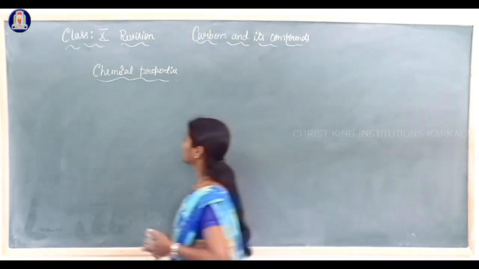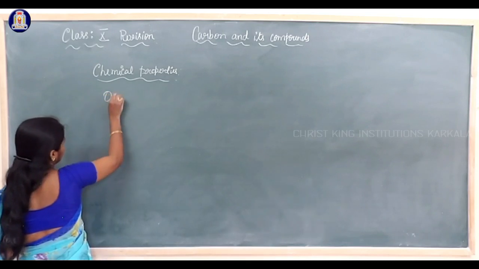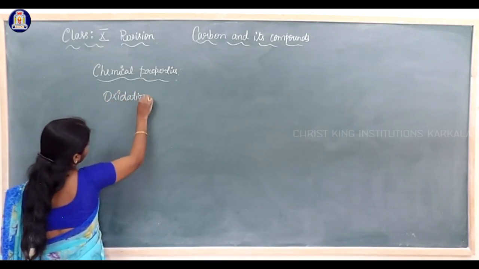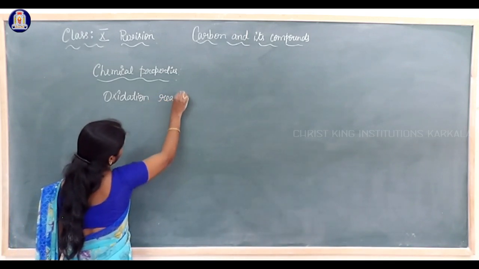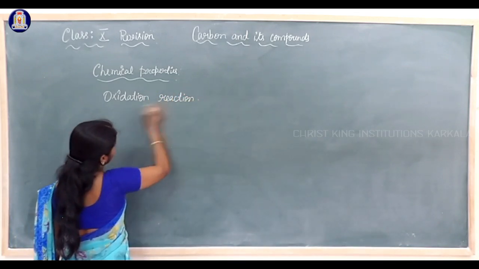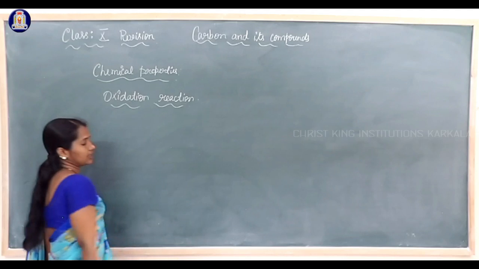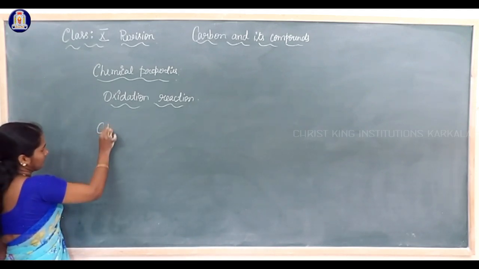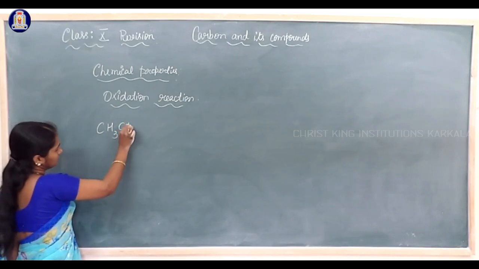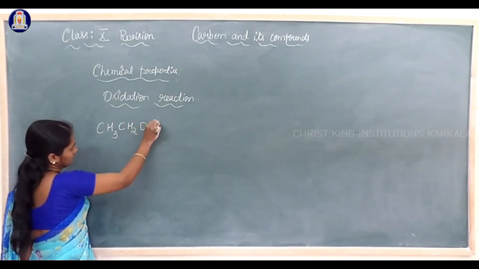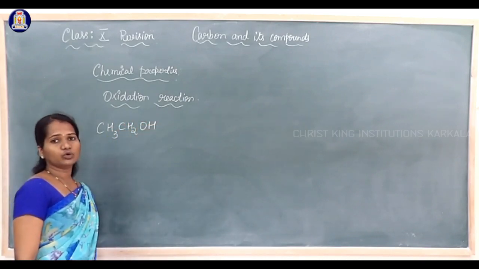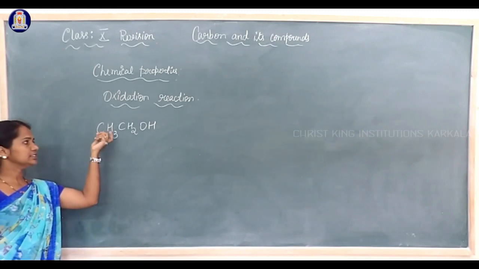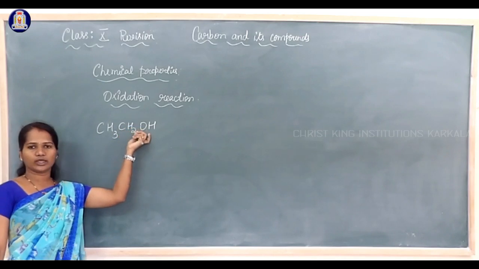Next is oxidation reaction. Second chemical property is oxidation reaction. So what is this oxidation reaction? Ethanol we can write as CH3CH2OH, instead of writing C2H5 we will split it.